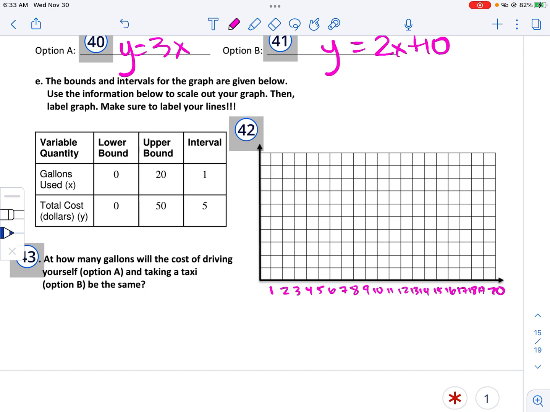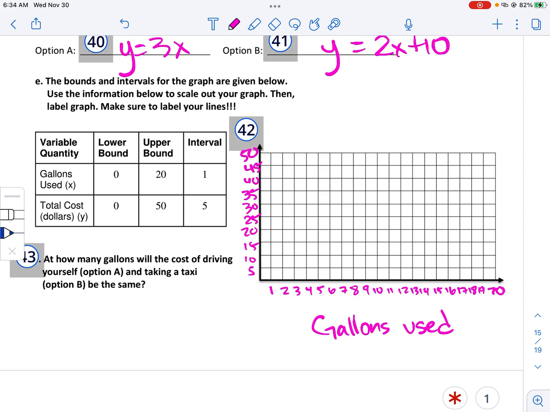Then the y's, oh, and I said gallons used. Okay, total cost is going up by 5s. So 5, 10, 15, 20, 25, 30, 35, 40, 45, 50.